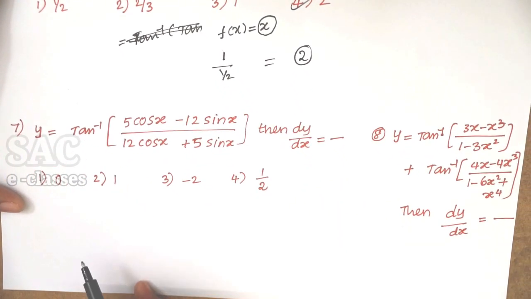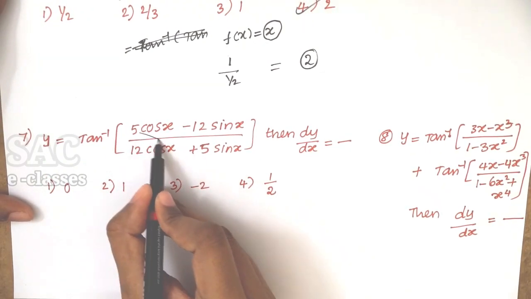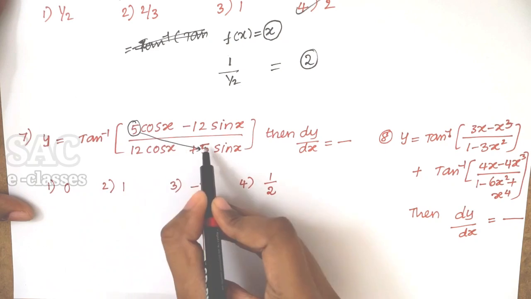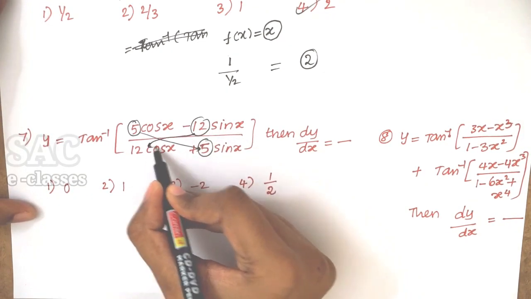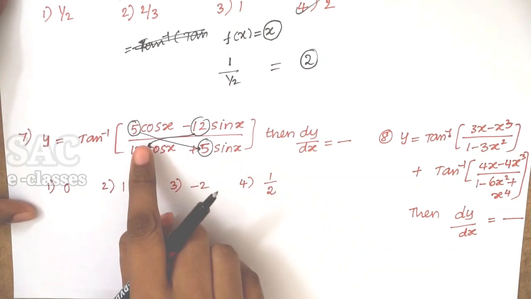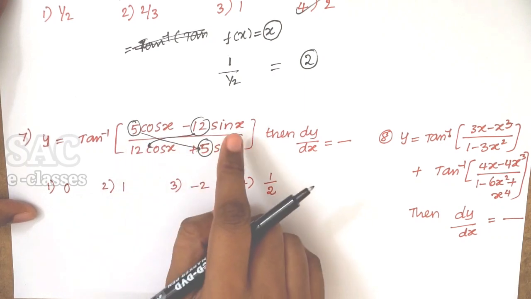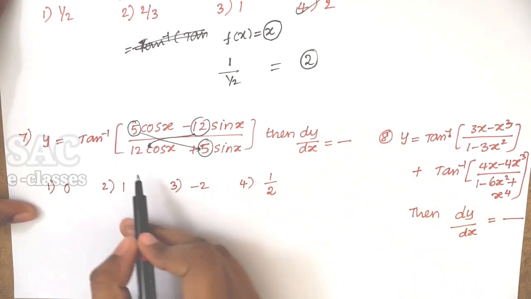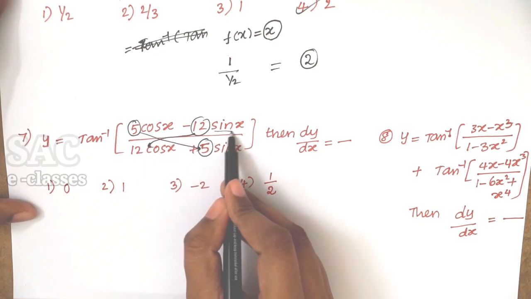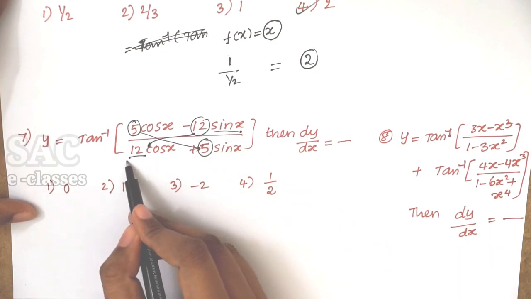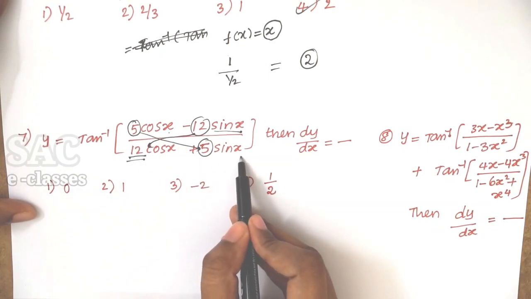See here: 5 cos x, 5 sin x. Both should be the same, here 5, here also 5. Now here it is 12, again 12. Whenever it is in the form of a sin x or a cos x minus b sin x or b cos x, it is usually in crisscross form. The sin x coefficient is equal to the cos x coefficient, and the cos x coefficient is equal to the sin x coefficient.